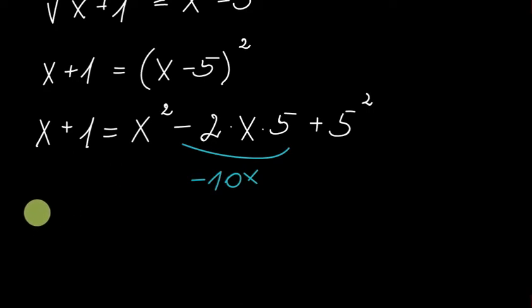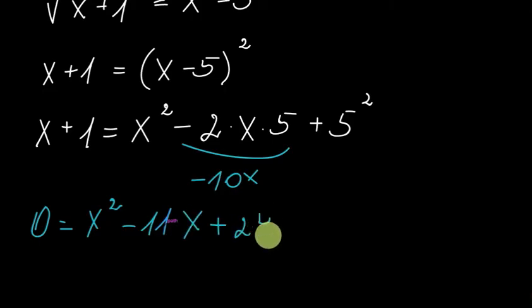Okay, so we get that 0 is equal to x squared minus 11x plus 24, because the square of 5 is 25.